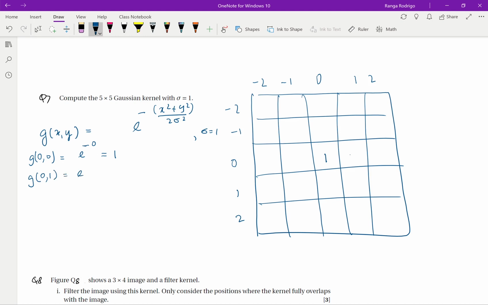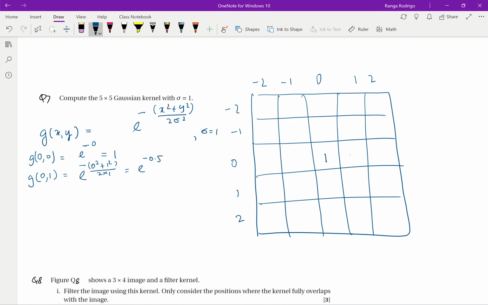Okay, let me properly write that. e to the power of minus (0 squared plus 1 squared) divided by 2 times 1. That is e to the power of minus 0.5.